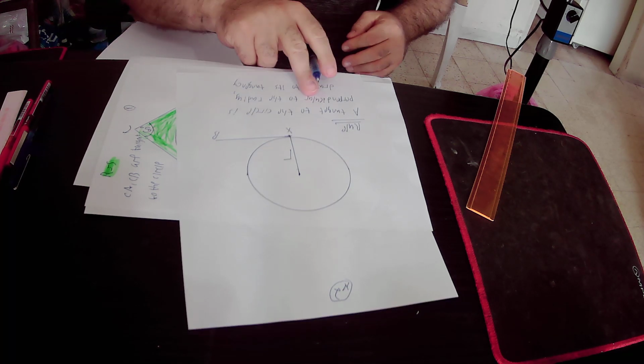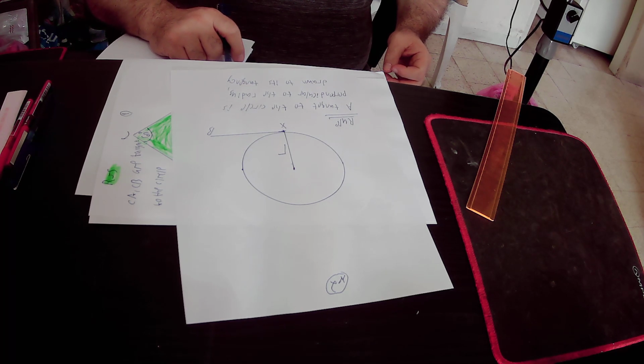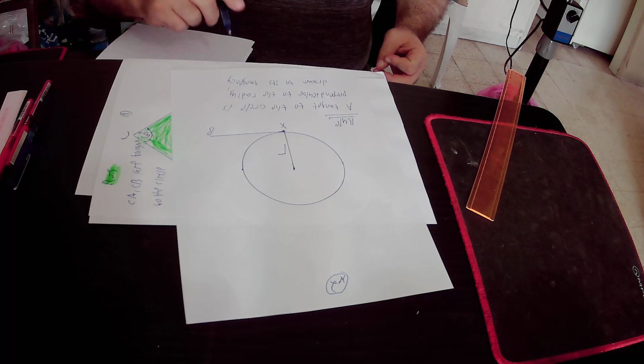So I will read the rule again. The rule states that a tangent to the circle is perpendicular to the radius drawn to its tangency.